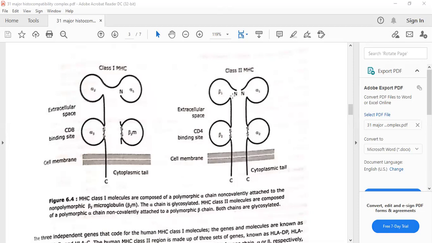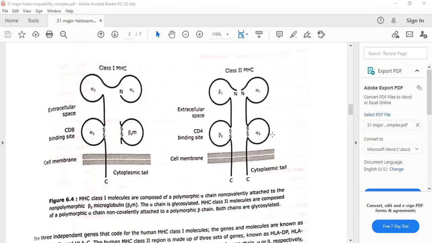The alpha 1 and beta 1 hold the antigen, and beta 2 and alpha 2 are the transmembrane domains here. They are proteins with transmembrane domains. This is the disulfide bond, and they are bound to each other by non-covalent bonding.